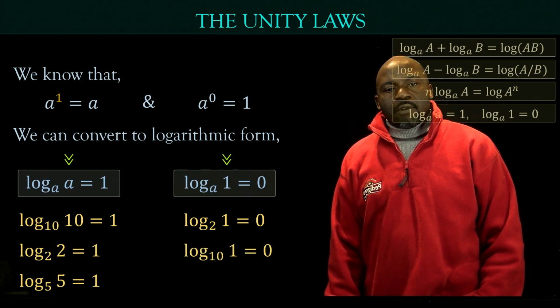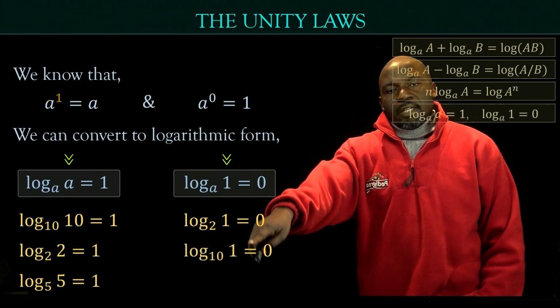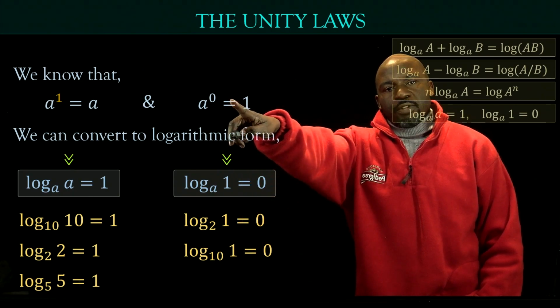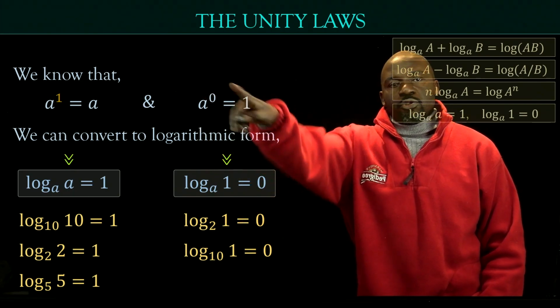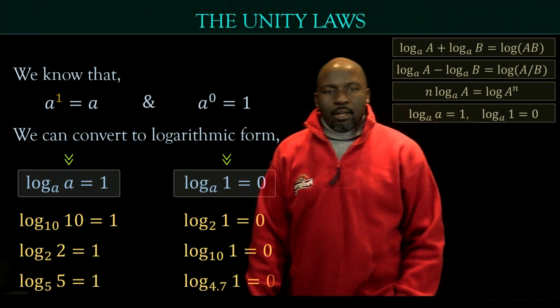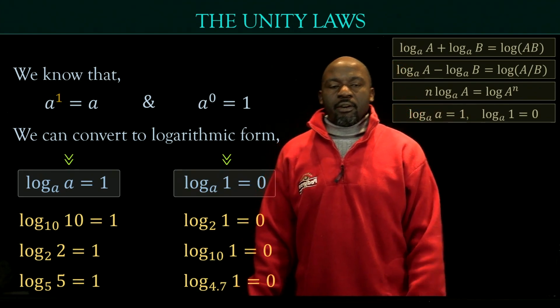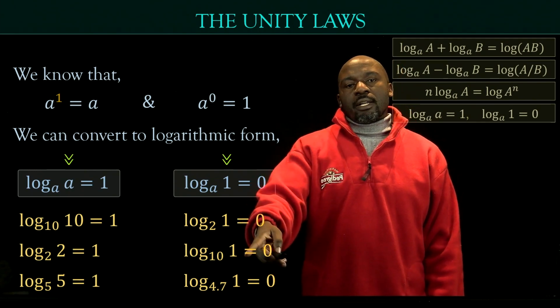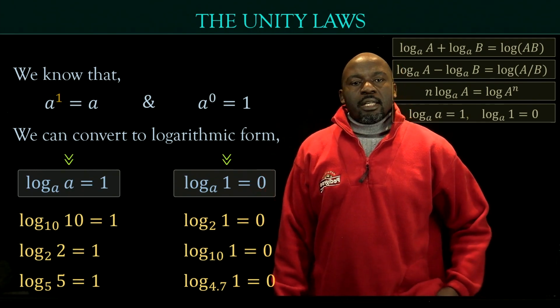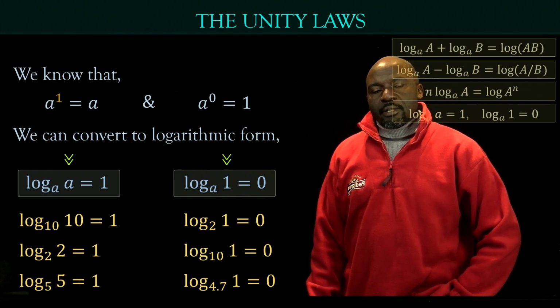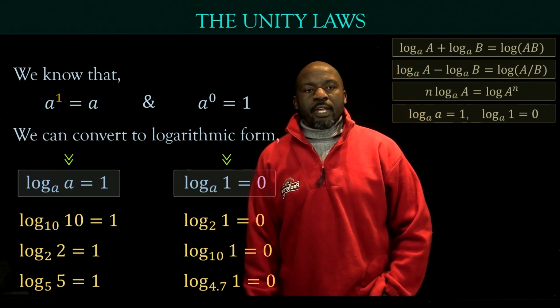Log to base 10 of 1 is always 0. And all this is true because of that statement, which we all know to be true. Log to base 4.7 or log to base pi or log to base e of 1. Log of 1 is 0 under any base. Okay, so that's that law there.